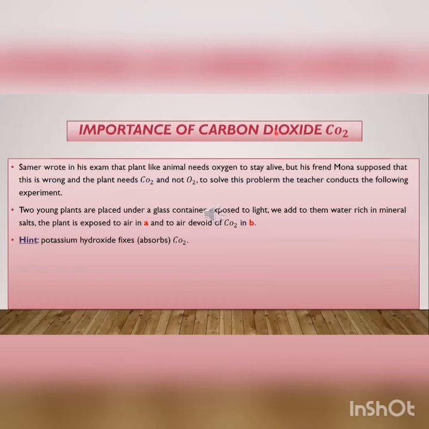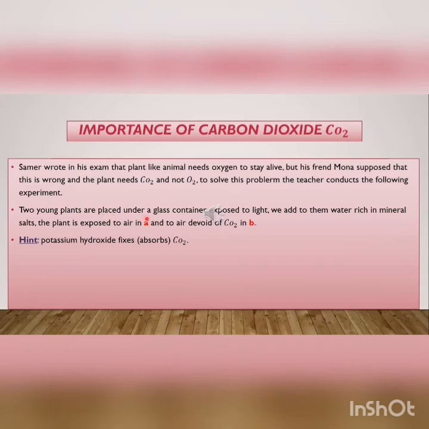The fourth factor, importance of carbon dioxide. Samer wrote in his exam that a plant, like animal, needs oxygen to stay alive, but his friend Mona supposed that he was wrong. The plant needs CO2 and not O2. To solve this problem, the teacher conducts the following experiment.